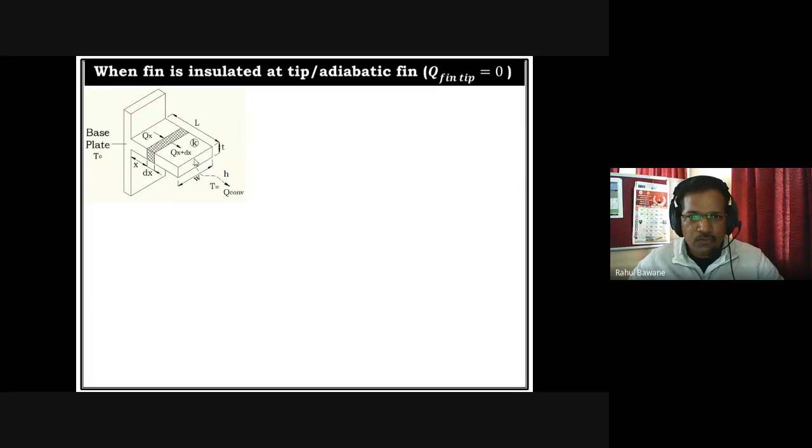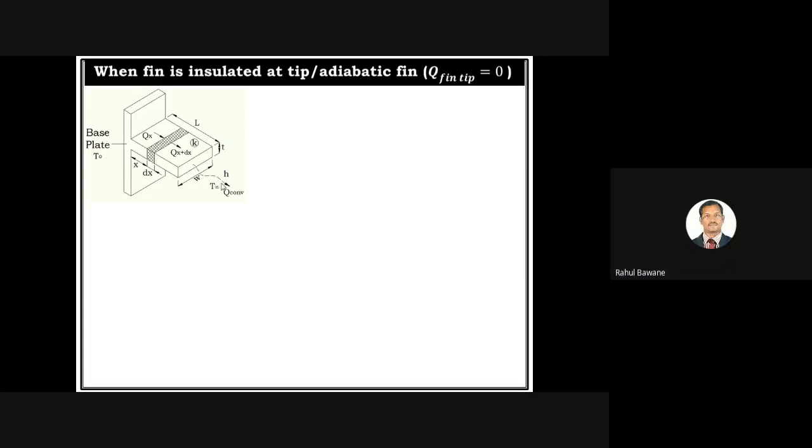It means we are neglecting heat transfer from this. There is heat transfer from the surrounding surface of this fin, but we are neglecting the amount of heat transfer from this tip surface. So in such a scenario, we say that the tip is insulated.